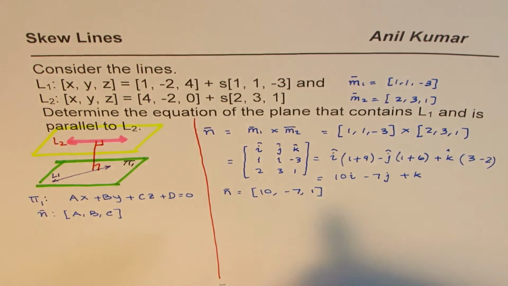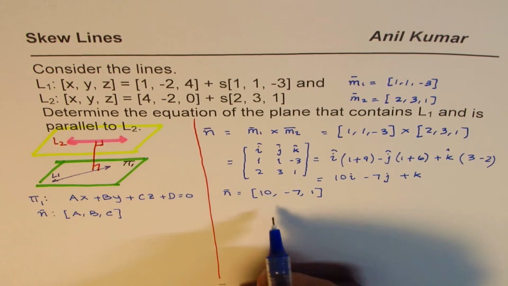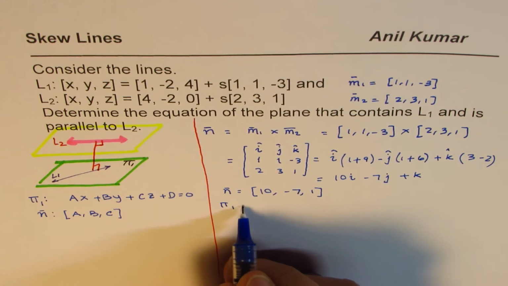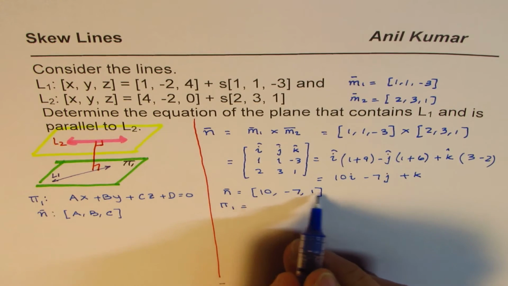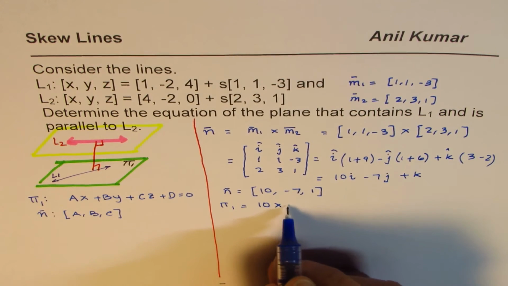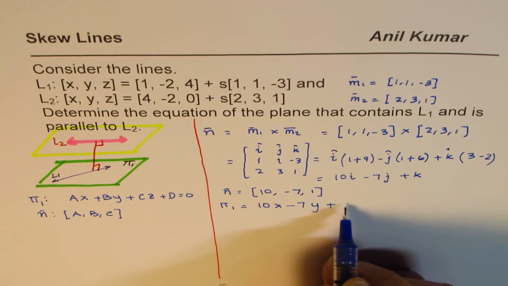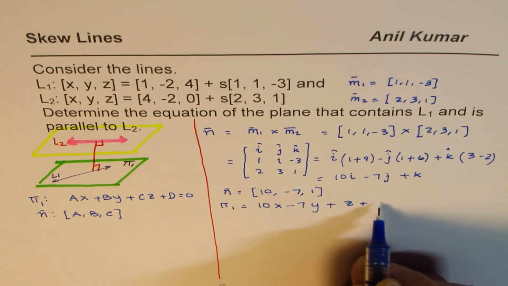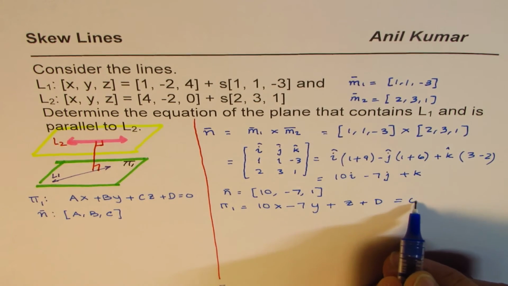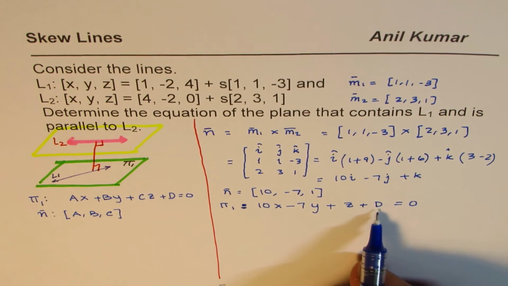Clear, right? Since the normal vector is this, the equation of the plane can now be written as 10x - 7y + 1z + d = 0. So that becomes the equation of the plane, but we still need to find d.